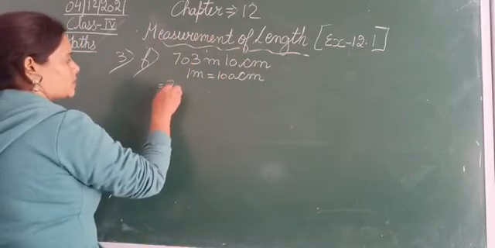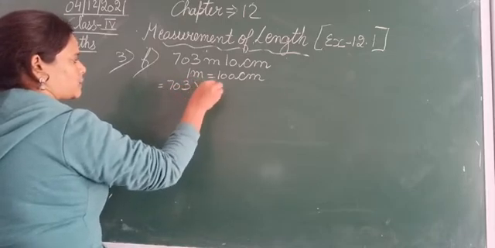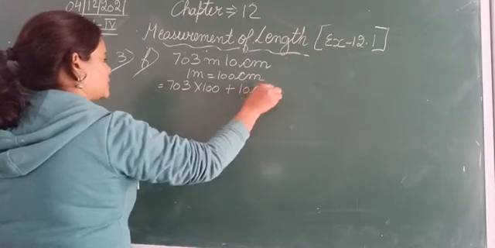So 703 will be converted into centimeter by multiplying it with 100, plus 10 centimeter.